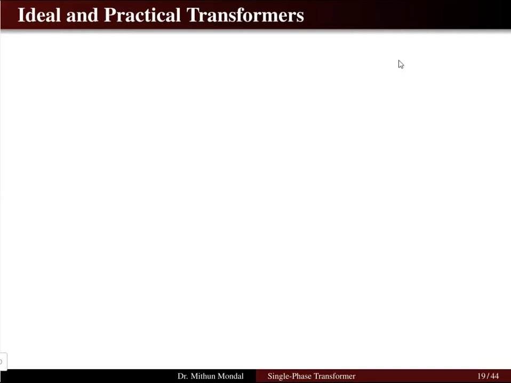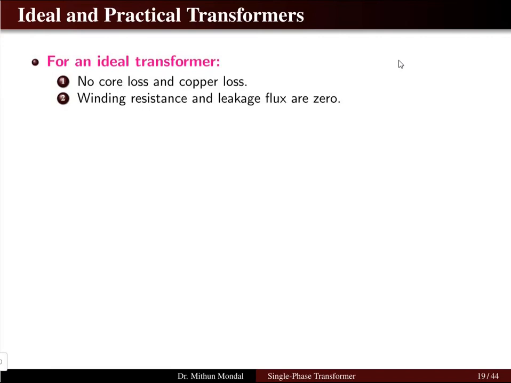Now we will classify the ideal and the practical transformer. First we will understand what is ideal transformer, and then we will move to the practical transformer. So when we talk about the ideal transformer, all the losses will be zero. So the losses will not be present in the ideal transformer.